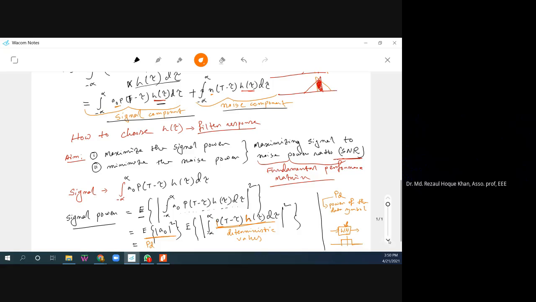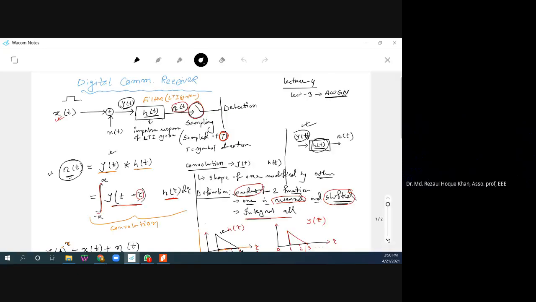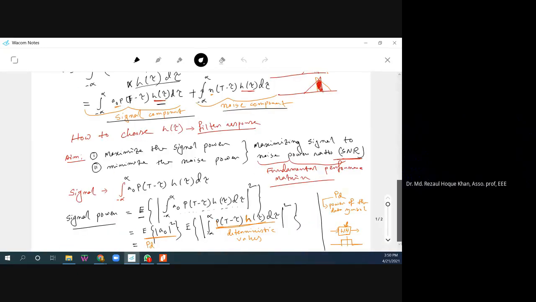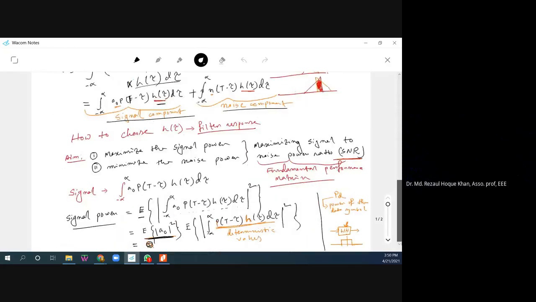So our signal power will be, for constant PD, equivalent to PD times this one. The expected value of a deterministic quantity is the deterministic quantity itself. Understand?